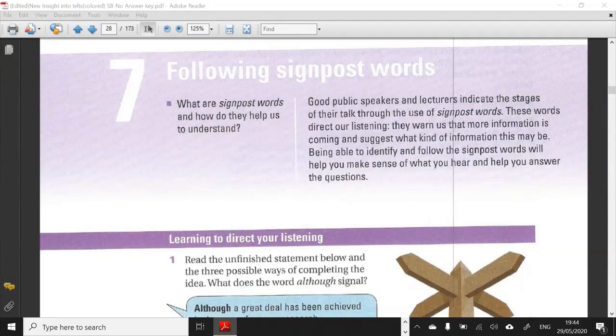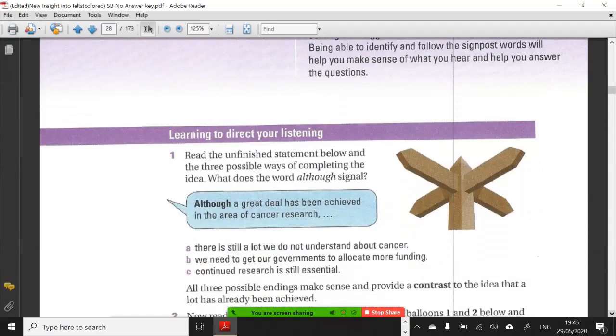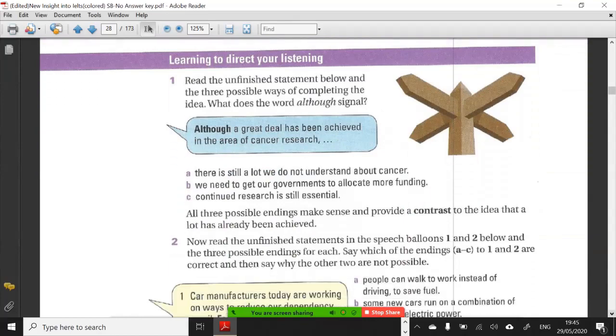When you listen or read something, when someone is speaking, these signpost words give you some kind of direction, an indication of what the speaker is going to talk about and share with you. So these are great indicators which help you find out something before time. As you see in the picture here, it shows a signpost where you can write different directions, different words.